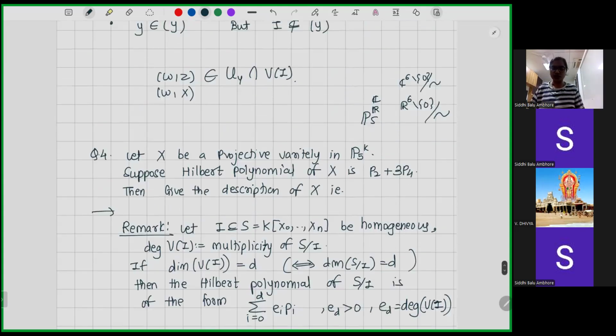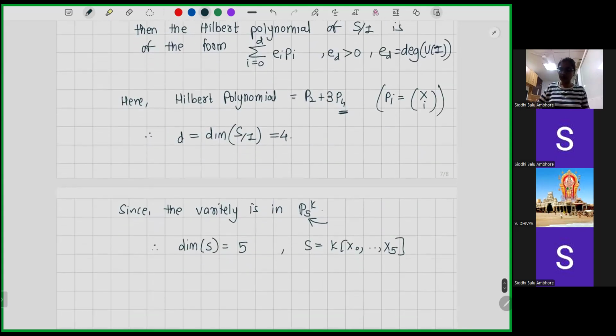Oh, okay. We are in Proj, so the dimension of Proj S is 5. The dimension of the polynomial ring x0 to x5 is 6, but the dimension of Proj S is 5 here.